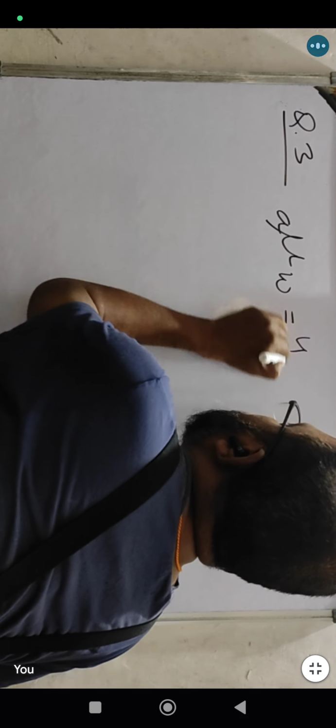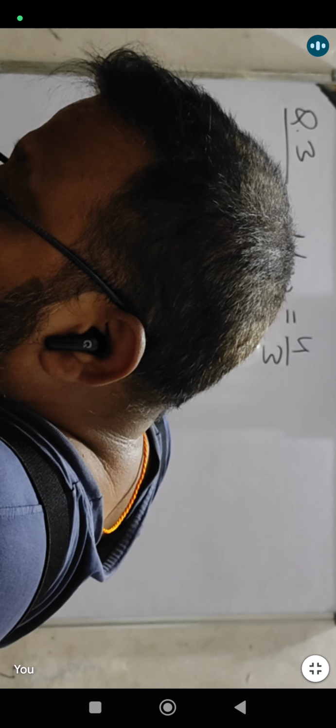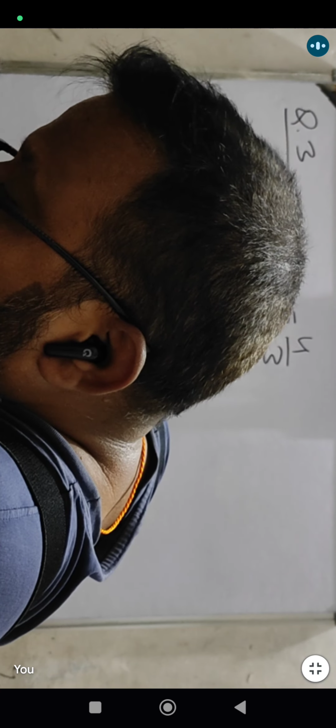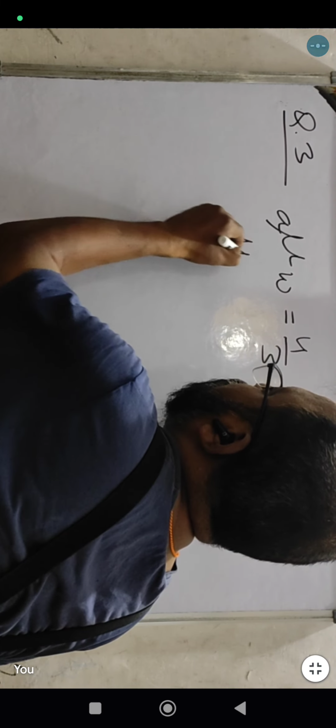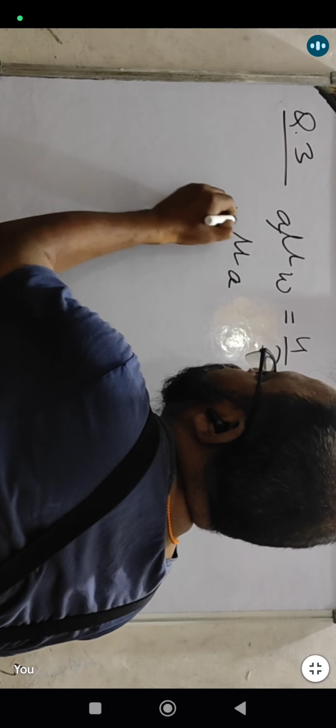Means refractive index of water with reference to air is equal to 4 by 3. What is the refractive index of air with reference to water?